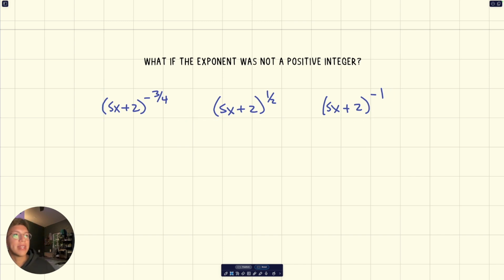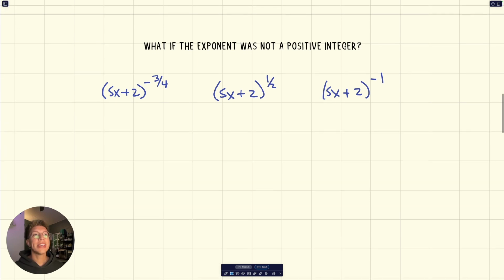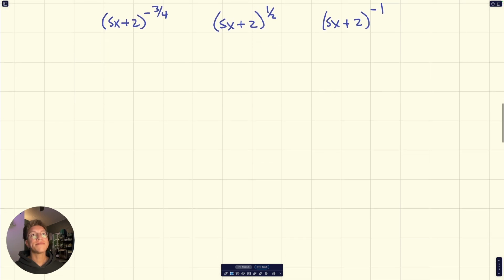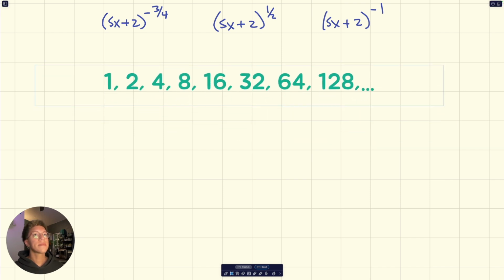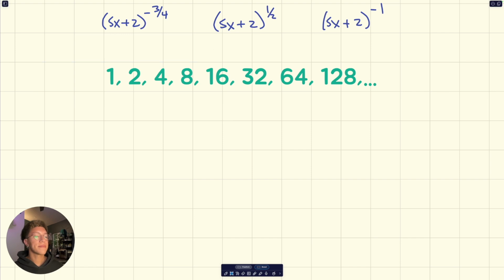So to answer this question, like I mentioned, we're going to jump over to a topic we've seen before, and that topic is sequences of numbers. We're going to put a sequence of numbers up on the screen and see if you can spot what the pattern is. If you answered with it being exponential growth, that would be a correct answer.